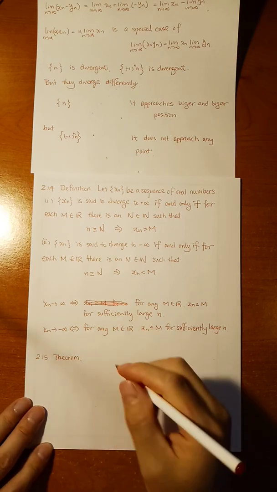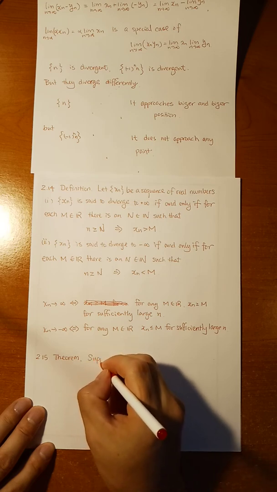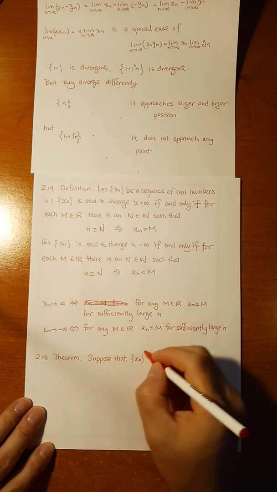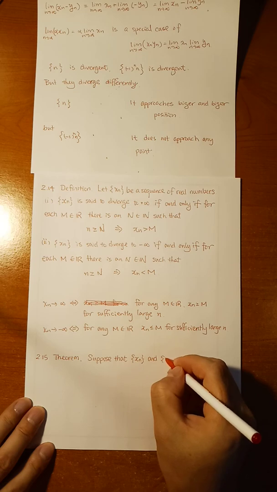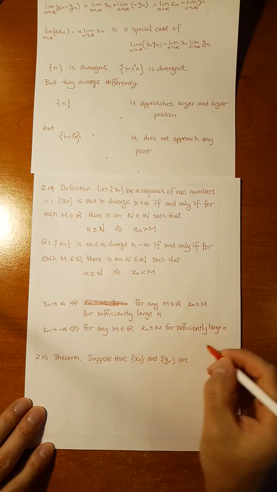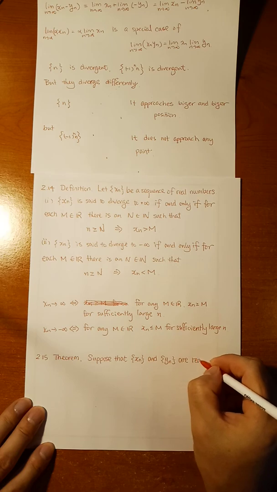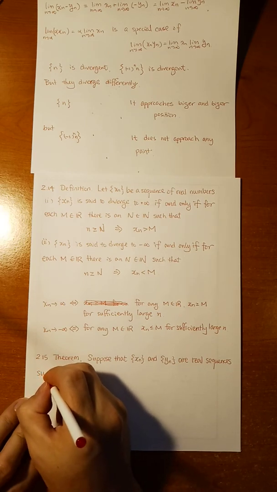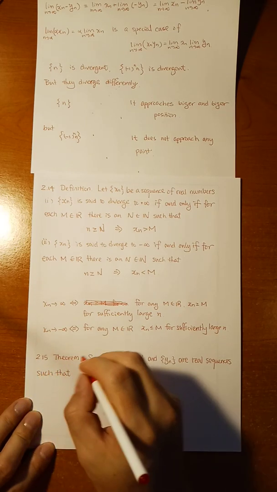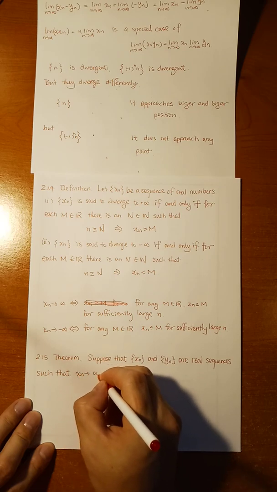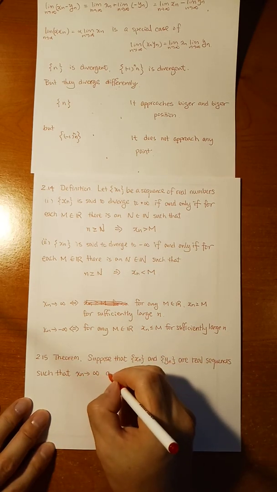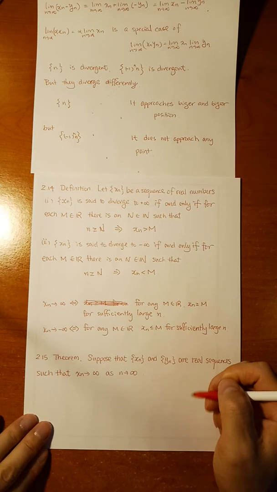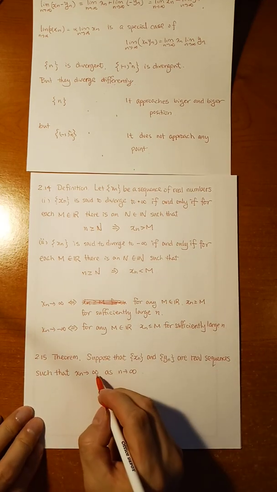Theorem 2.15. Suppose that xn and yn are real sequences such that xn approaches positive infinity as n approaches infinity. So we only know one sequence approaches positive infinity.